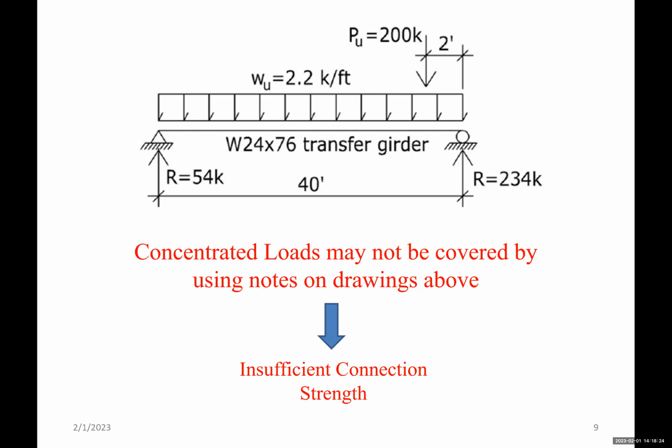We will have reactions that are shown here. On one side, close to the concentrated load, we have 234 kips. On the other side, we have 54 kips. So that note will not cover the 234 kip reaction. So you will end up with a connection that's not adequate for the forces and may lead to failure. Okay, so that's one example.